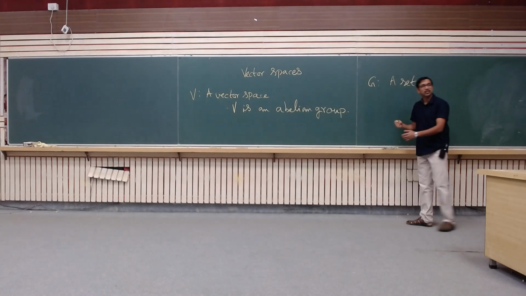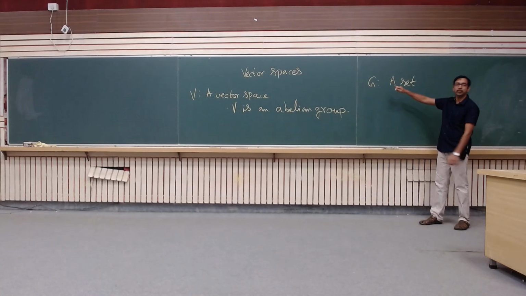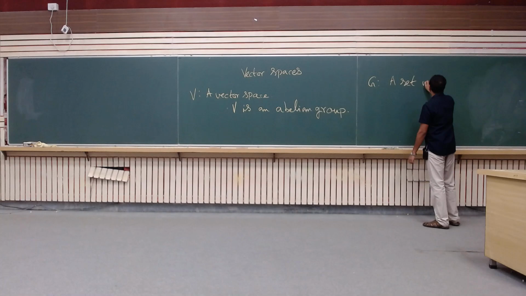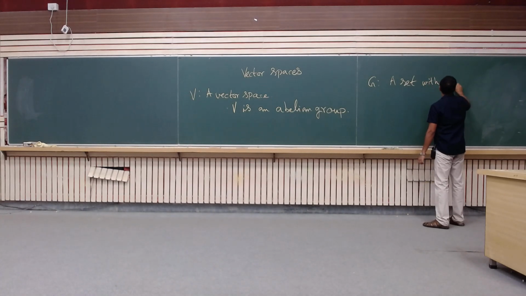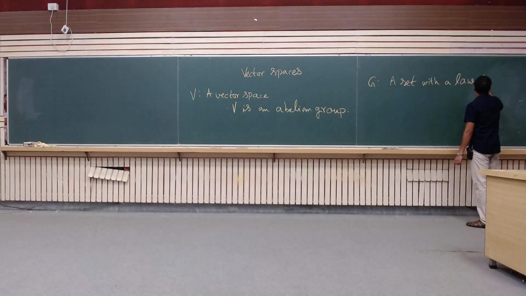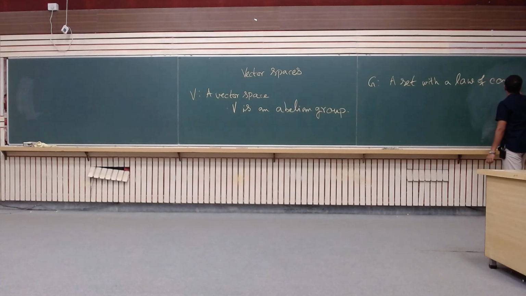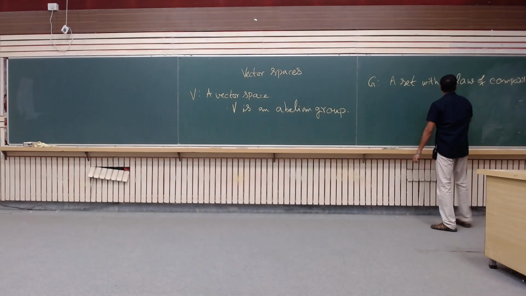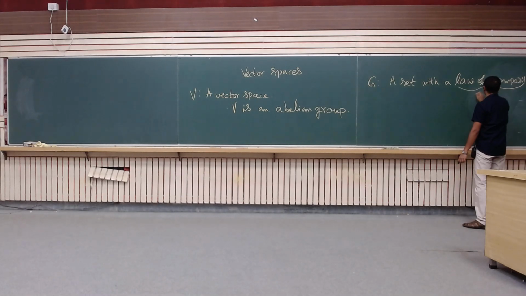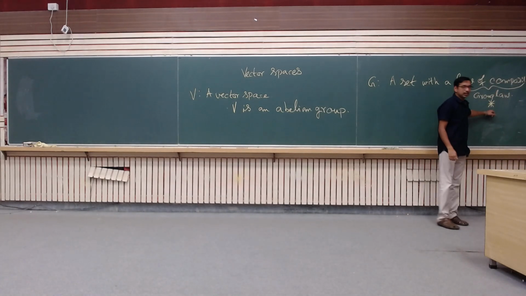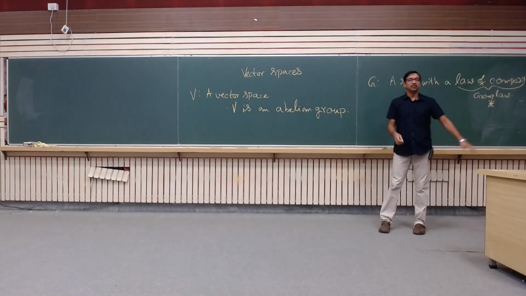A set with a law of composition. This law of composition will be called the group law, and it will be denoted by some star or plus or some operation.